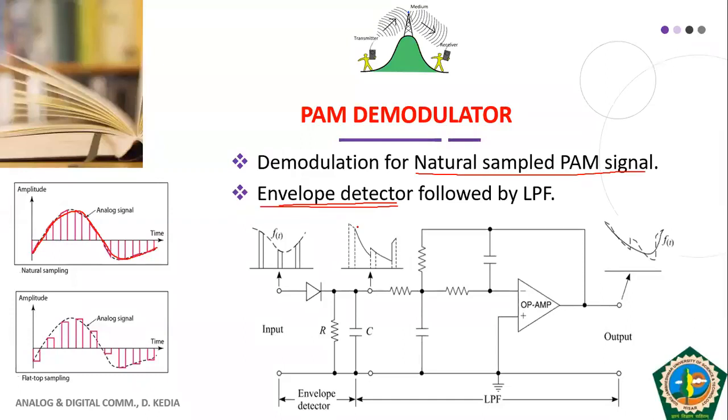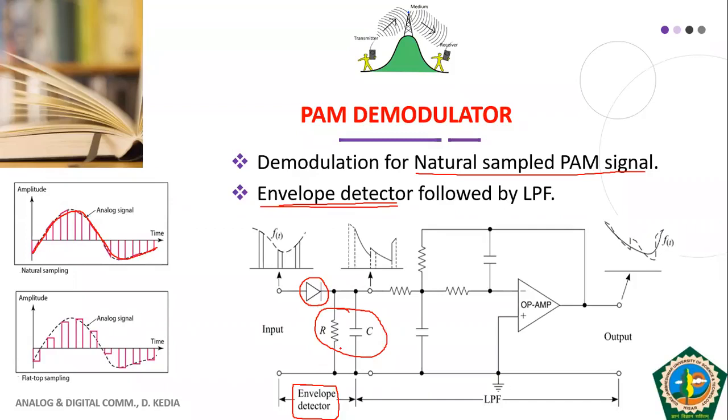And we know what we have in an envelope detector? We have a diode, okay, and we have an RC combination, which acts as, you can say, a low pass filter. Okay, so this is our circuit of the envelope detector, which detects the envelope of the PAM signal pulses. And how does it work?